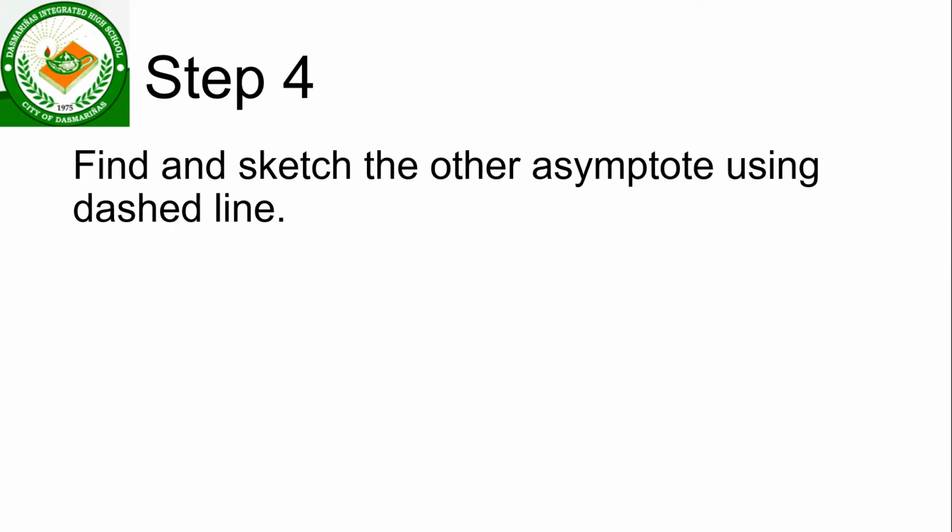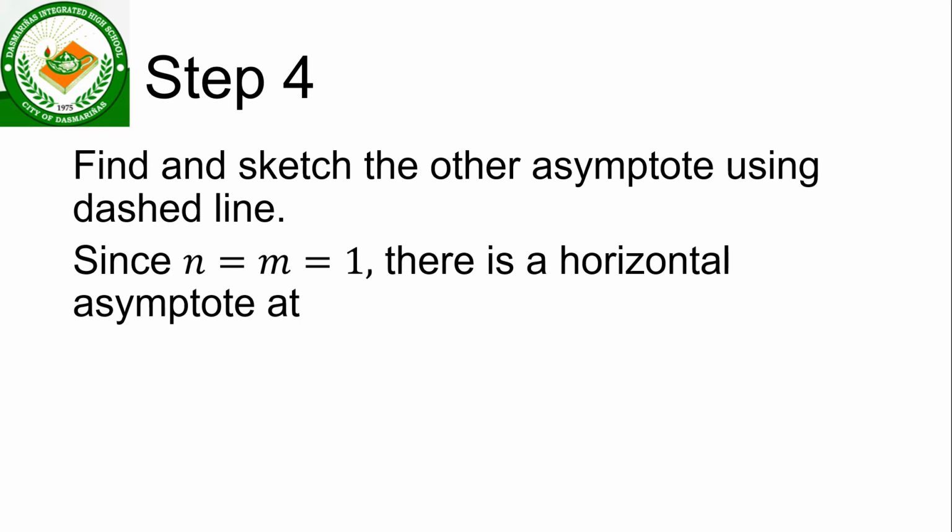For our step number 4, we have to find and sketch the other asymptote using a dashed line. Okay? And if we compare the degree of the numerator, x plus 3, that is 1, it is equal to the degree of the denominator 2x, which is also 1. Okay? There is a horizontal asymptote. That is our first conclusion.